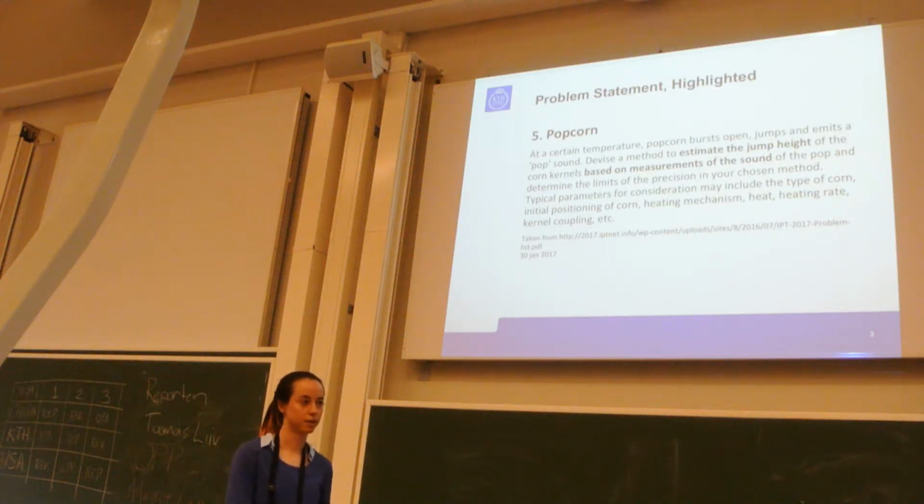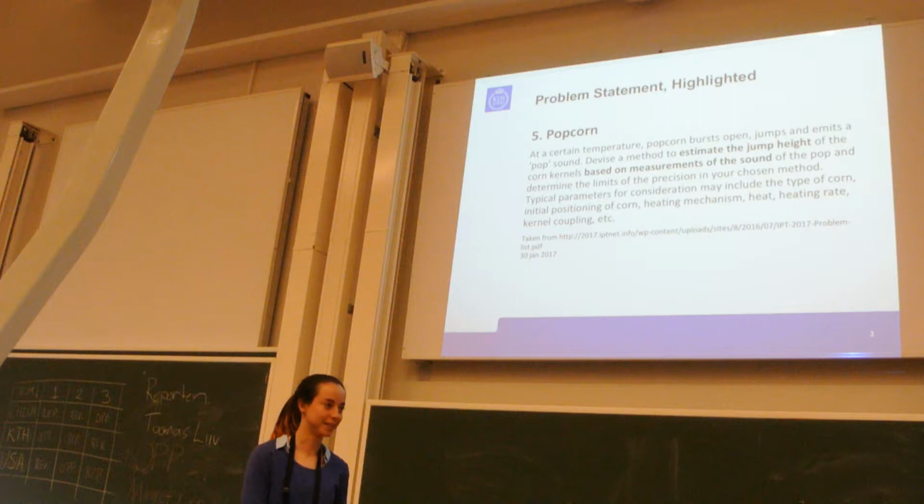So when it actually releases, the pressure will be higher. So both the sound should be higher and it would jump higher. But the actual basis of the assumption will not change. So even if the kernel is thicker, the same thing will happen. Do you agree? Yeah, I agree that we will see the same phenomenon if the burst occurs below the kernel, such as to propel it into the air.